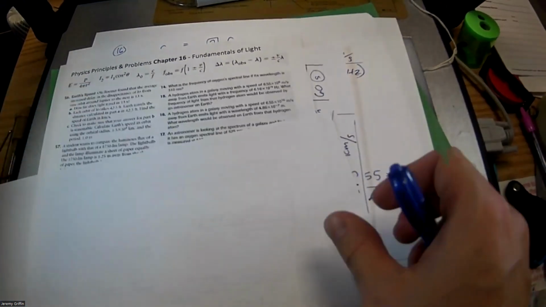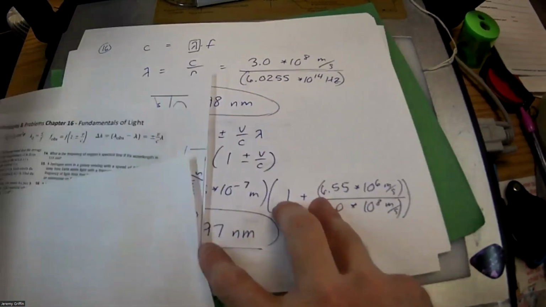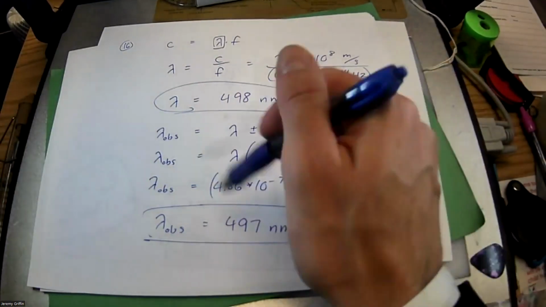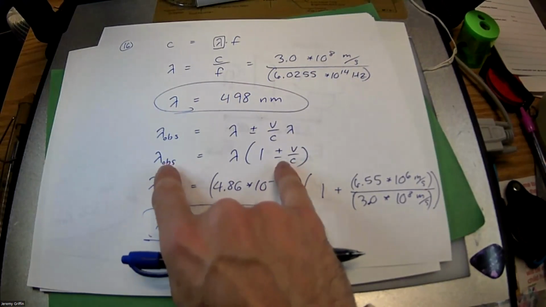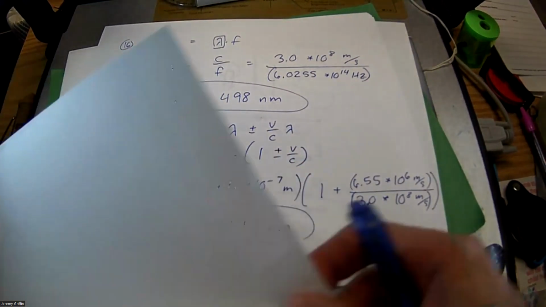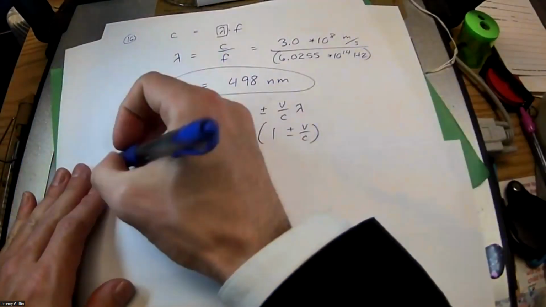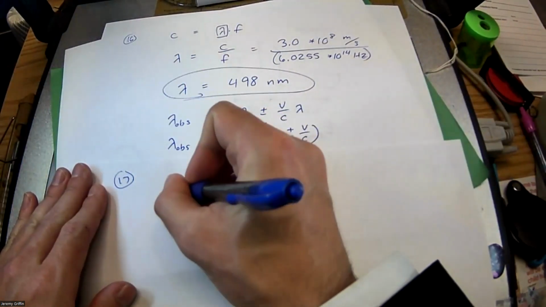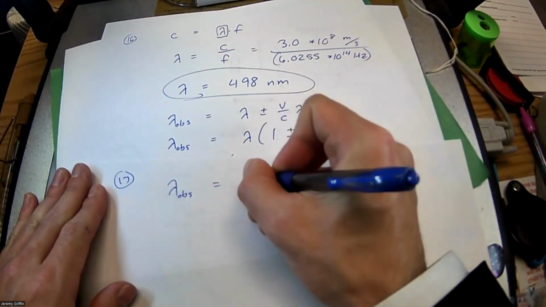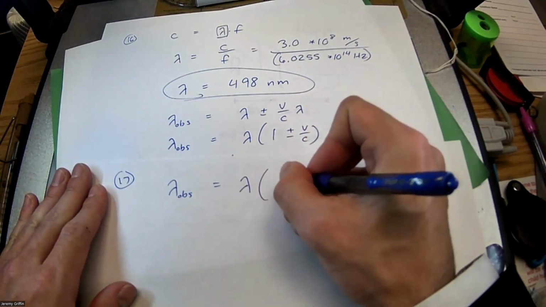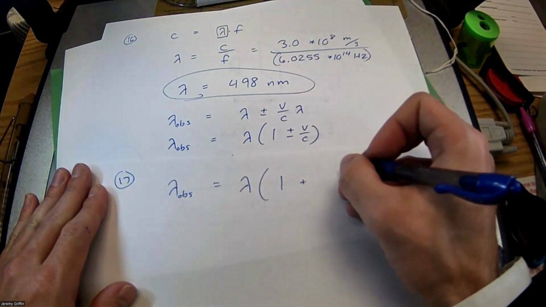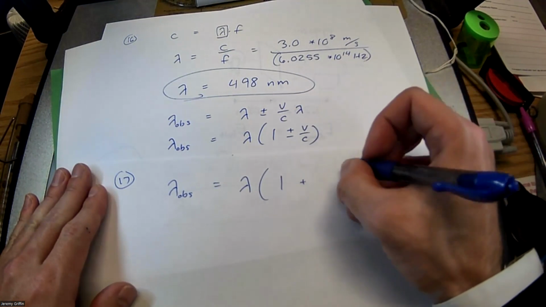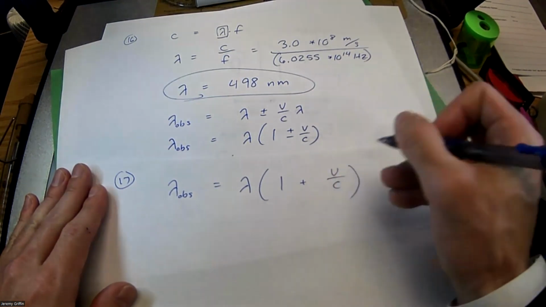So let's pick up from the last thing I wrote, which is a good place to start. I took this, did some algebra rearrangement, and got this. So number 17. The observed wavelength is equal to the source wavelength times 1 plus, I'm going to say plus for this one, v over c for redshifting.